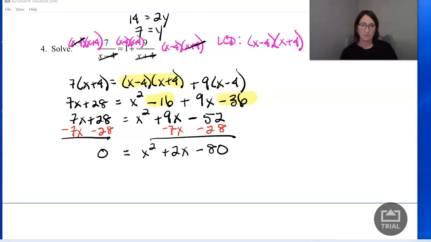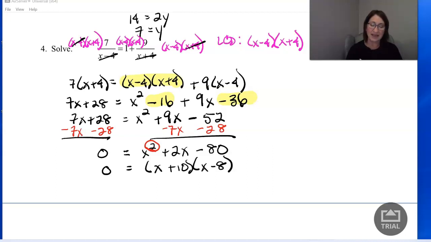All right, so that right here on the right, that trinomial is a quadratic because my largest exponent is a 2, and I can factor quadratics. So when I factor this one, it's going to be x plus 10, x minus 8. If I multiply 10 and negative 8, it gives me negative 80, and I add them, and it comes out to 2x.